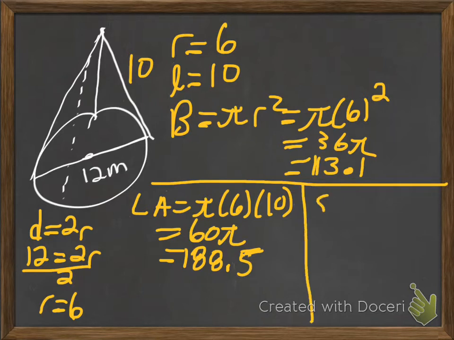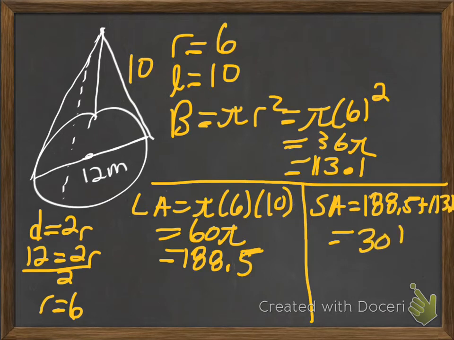And then surface area is 188.5 plus 113.1, which is 301.6 meters squared for our surface area.